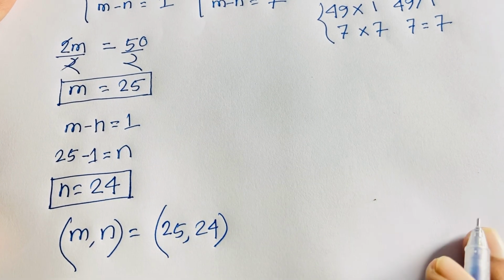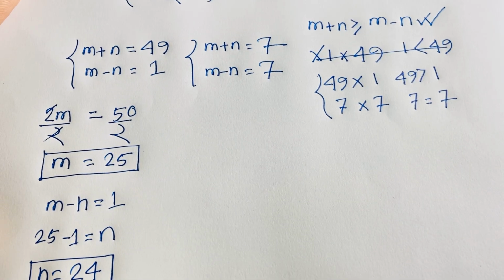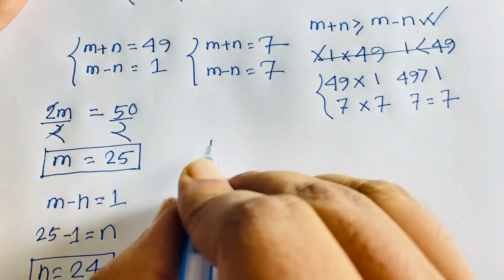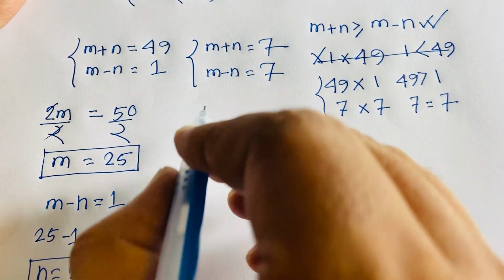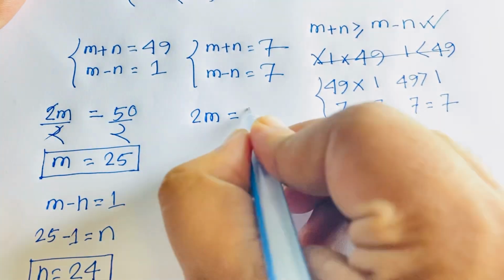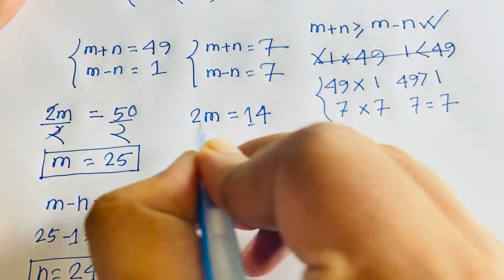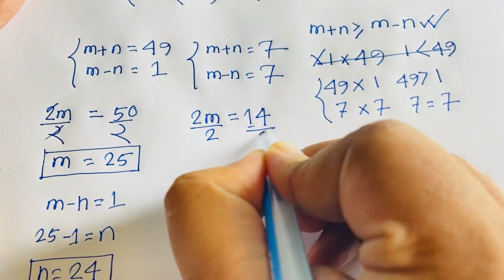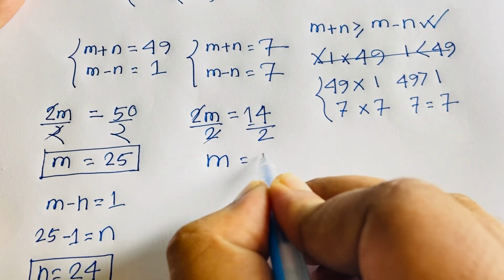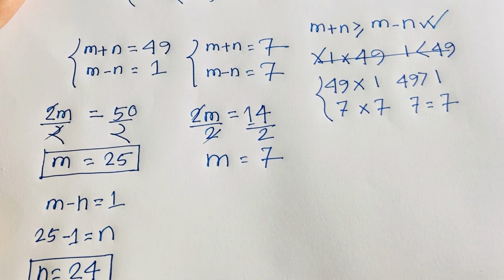Now the other case: m plus n is equal to 7 and m minus n is equal to 7. Again if I add both equations, we get 2m, the n terms cancel, and we get 14. Then if I divide both sides by 2, we find m is equal to 7.